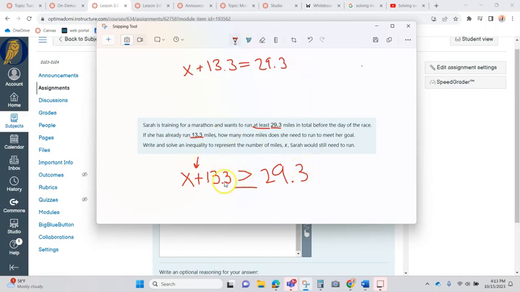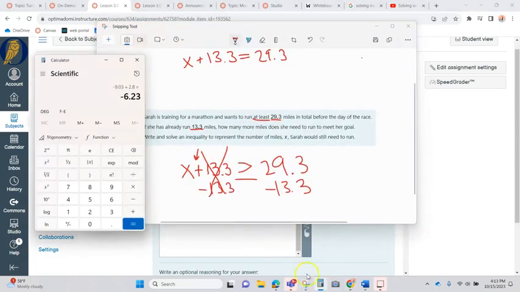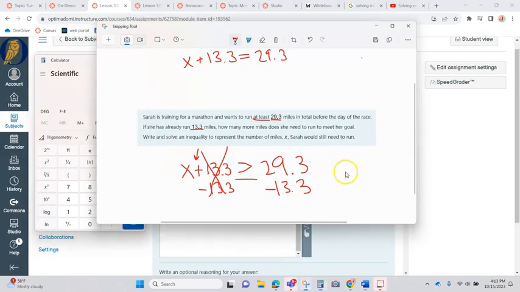Plus. So now, let's solve. What is the inverse of plus 13.3? Nice. It is minus 13.3. Positive 13.3 minus 13.3 is 0. X plus 0 is just x, so those virtually disappear. Minus 13.3 on this side. 29.3 minus 13.3 equals 16.